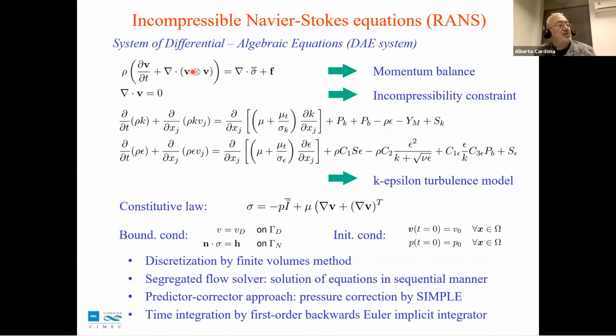In this case, what we solve are the incompressible Navier-Stokes equations in the RANS method. This is a system of differential algebraic equations, in which we have on one side the momentum balance and the constraint of incompressibility.